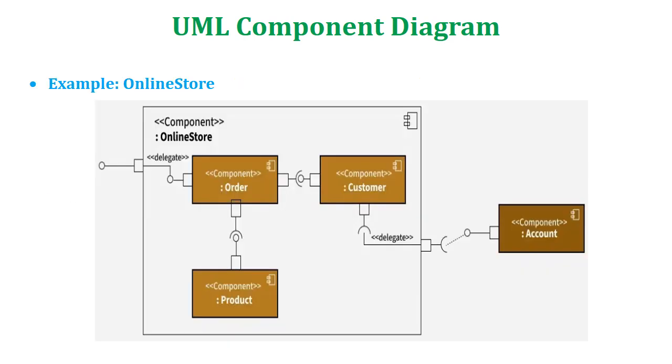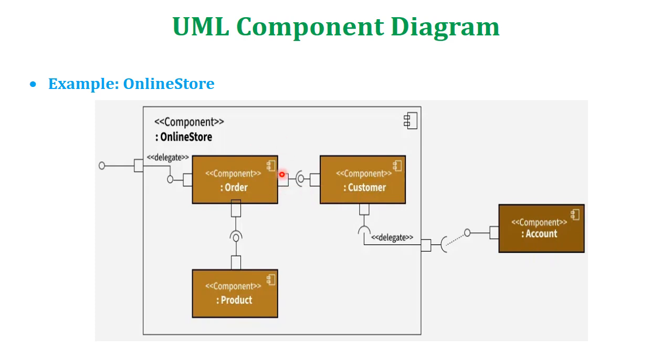See the example. Here is the ordering system. Different types of components are involved. For example, order is one component, customer is another component, and product is another component. These are all related, so they are grouped as one component here. And next one is the account, another component. Now we make the relationship between the components using the interface through the port.